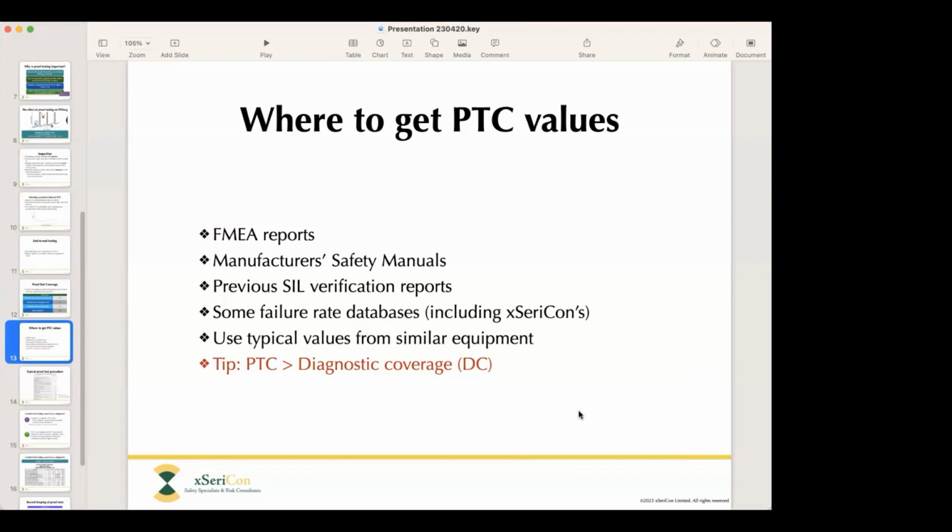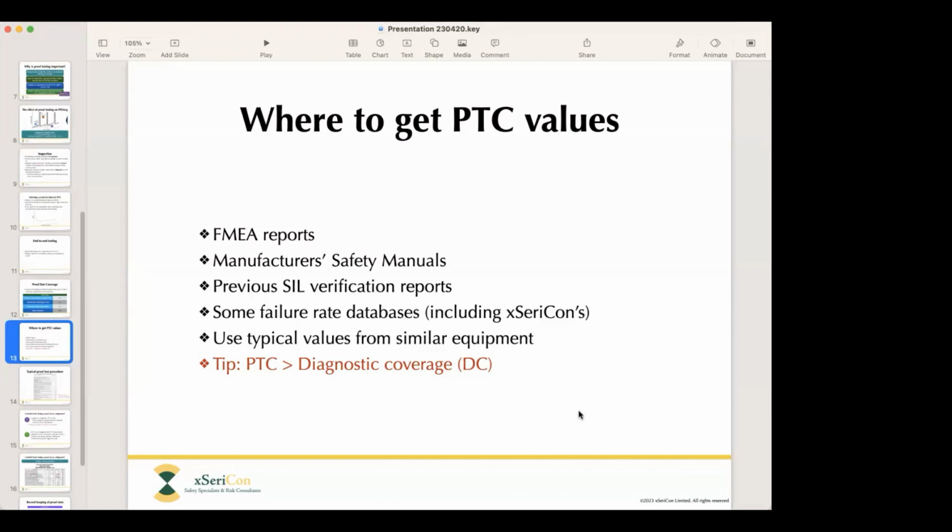And this is a type of desktop study that you can do to sum up the effects of all of the different failure modes of a device and make an assessment on which of them count as dangerous failures, which of them count as safe failures. And from that, you can calculate a predicted value for the proof test coverage.